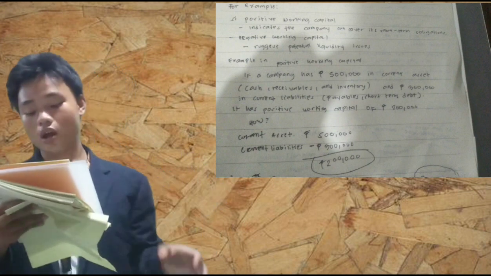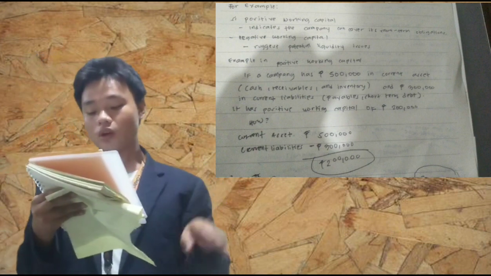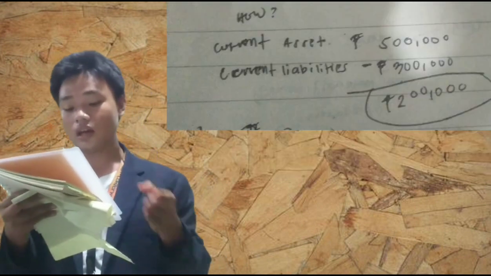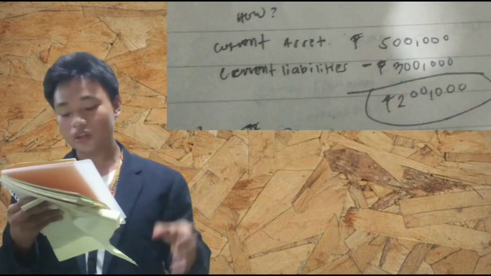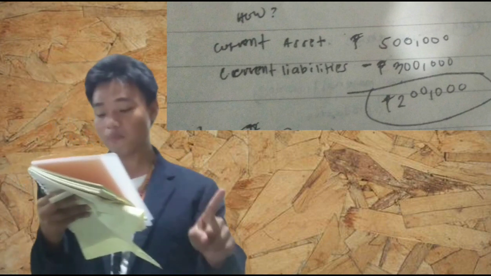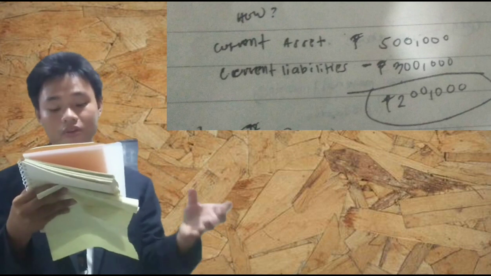So how? Current assets are 500,000, right? Its current liabilities are 300,000. So you subtract, and it equals 200,000, the positive working capital.